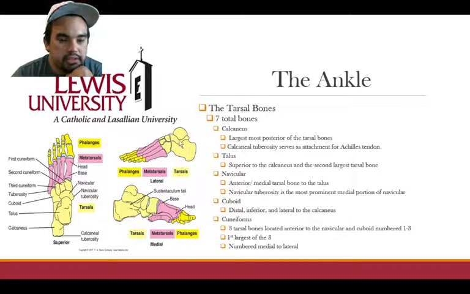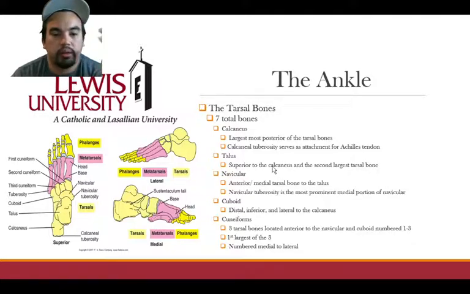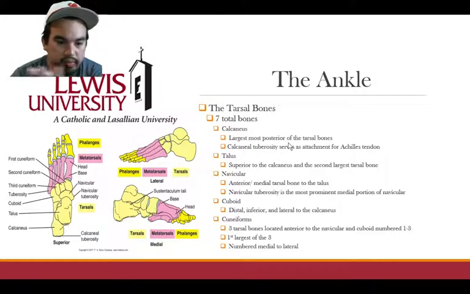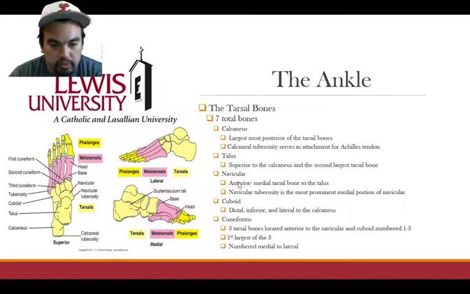Then anterior to the talus and the calcaneus, on the medial portion of the foot, is the navicular. It's the second largest tarsal bone. Sorry, I messed up there; the navicular is what I meant to talk about.